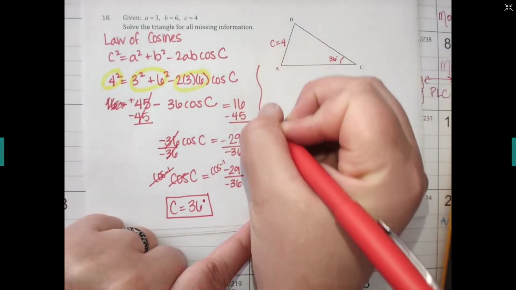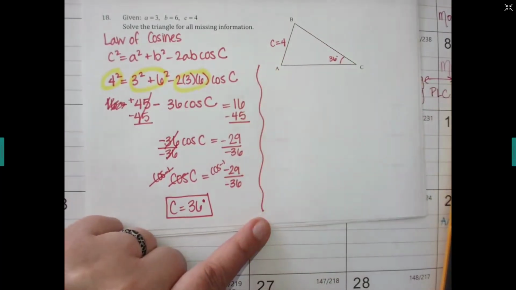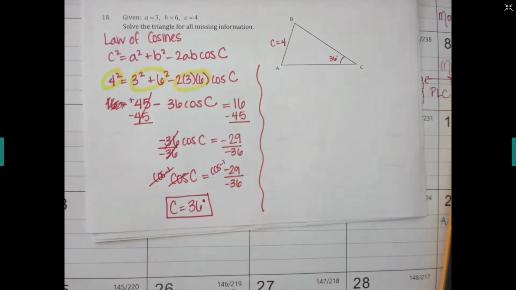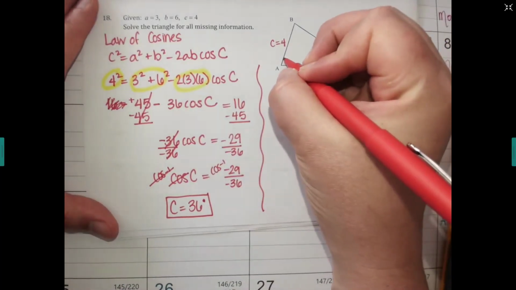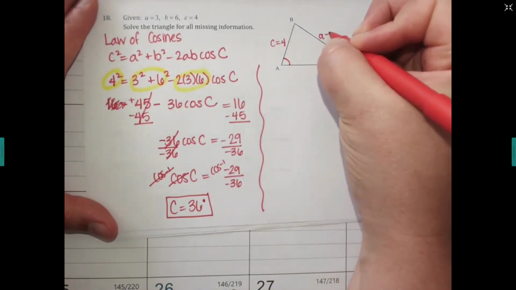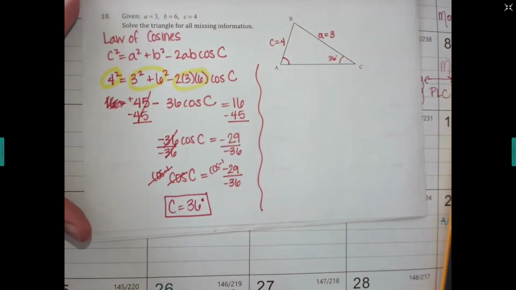Now, when I go on to pick another angle to solve for, will I have to use law of cosines again? No, because now I have what? I have an angle and a side that match. I have partners. So now I can do law of sines. So let's say that we want to solve for A, and my little a is a 3.